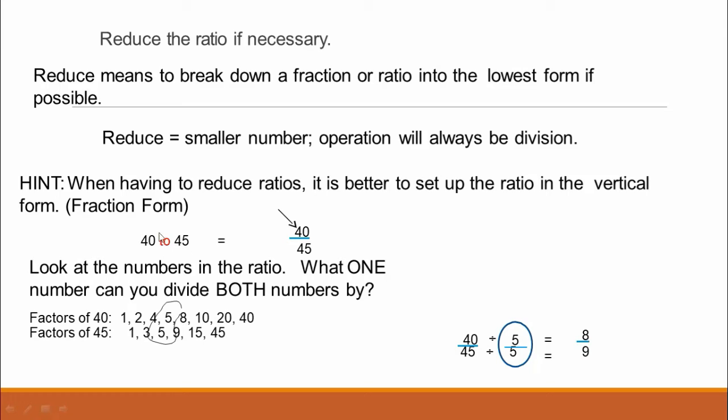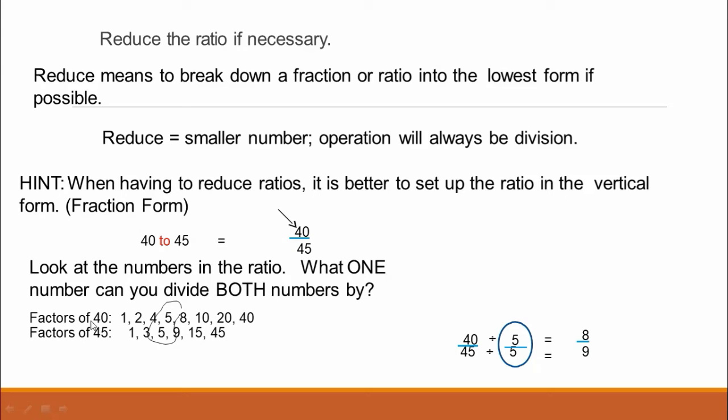And we can write by the third way of representing the ratio, 40 to 45, 40 ratio 45, or 40 divided by 45. Now, what number can you divide both these numbers by?